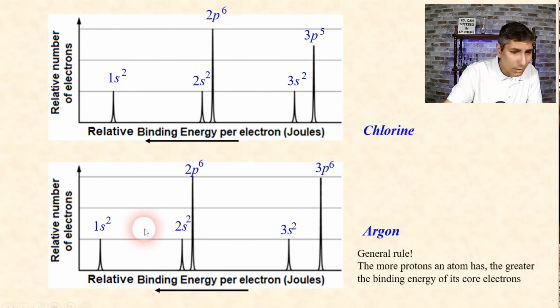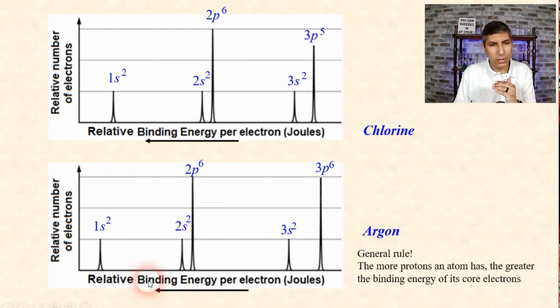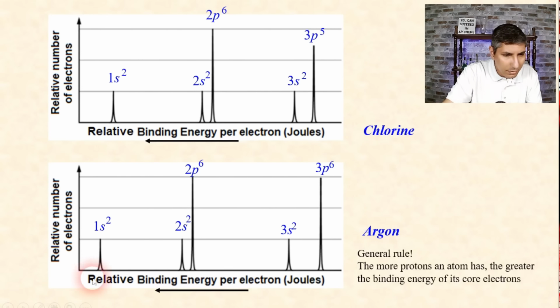And so if you look at argon here, notice that the 1s and the 2s and those 2p electrons are just a little bit scooted over to the left on this diagram. That tells me that that has more protons, and it's pulling in those electrons more tightly. It has more binding energy. And so anytime you see a peak farther to the left, it probably has more protons.